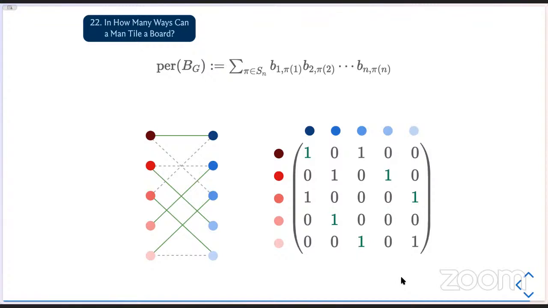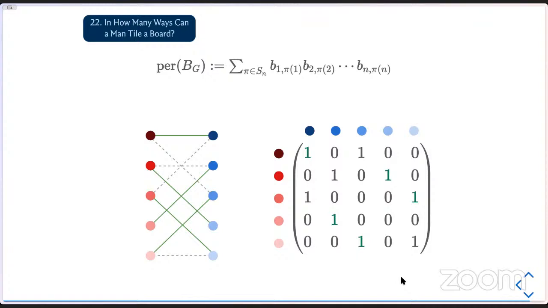And conversely, if you have a permutation which contributes a +1 to the sum, then you look at the permutation and read it off as a collection of edges. You will find that those edges must form a matching, because first of all, they're all disjoint, since it's coming from a permutation, so there are no overlaps. And those edges all exist in the graph because this was a permutation that contributed 1 to the sum. So all the entries in the matrix are +1, which means the corresponding edges must exist.